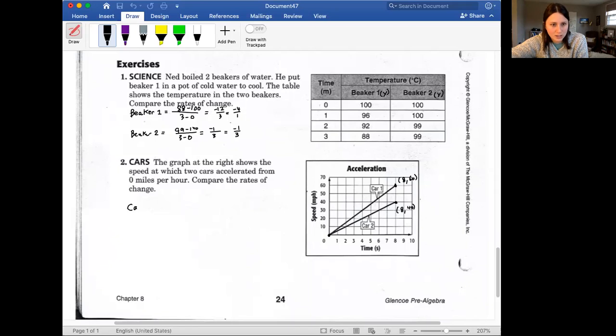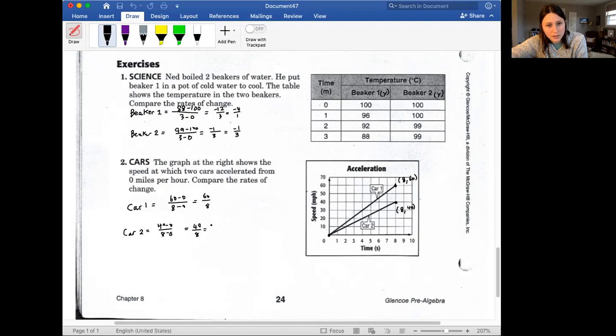So car 1, we would do that final spot, 60 minus the initial position it was in, and then 8 minus 0. And so you have 60 over 8. And then car 2 is at 40 minus 0 over 8 minus 0. And so it's 40 over 8.